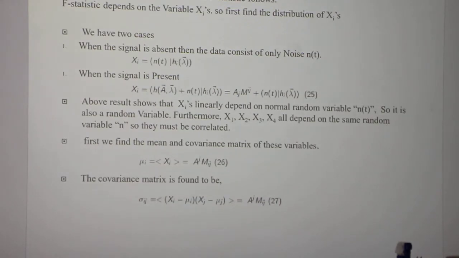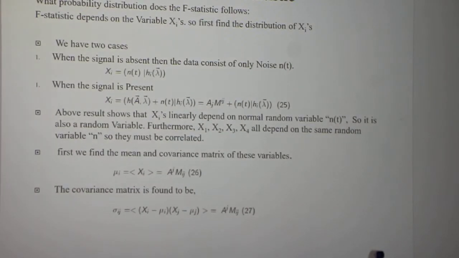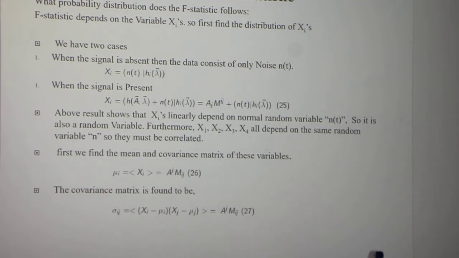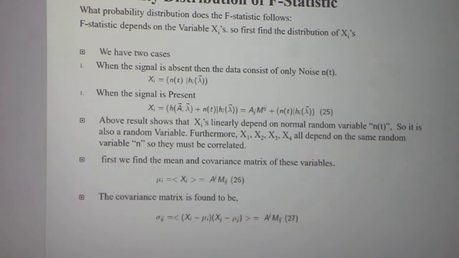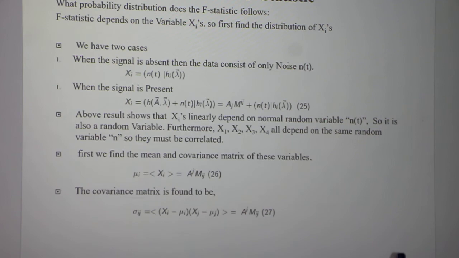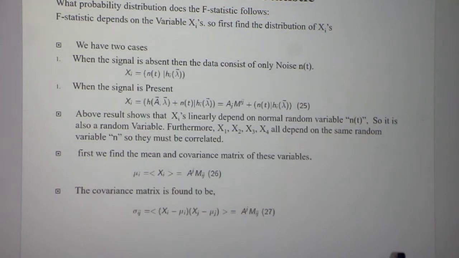If we model our signal, there are two cases: when there is noise, and when there is signal plus noise. So we have to find the probability distribution accordingly. What we are aiming at is to determine the false alarm probability and detection probability.